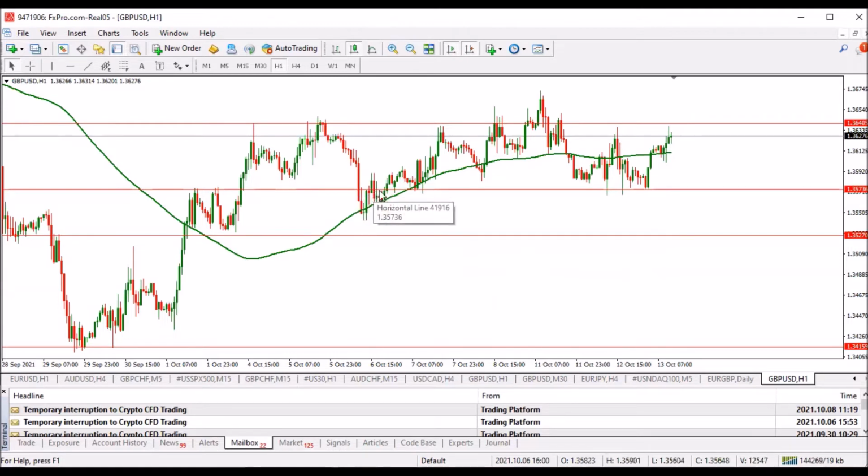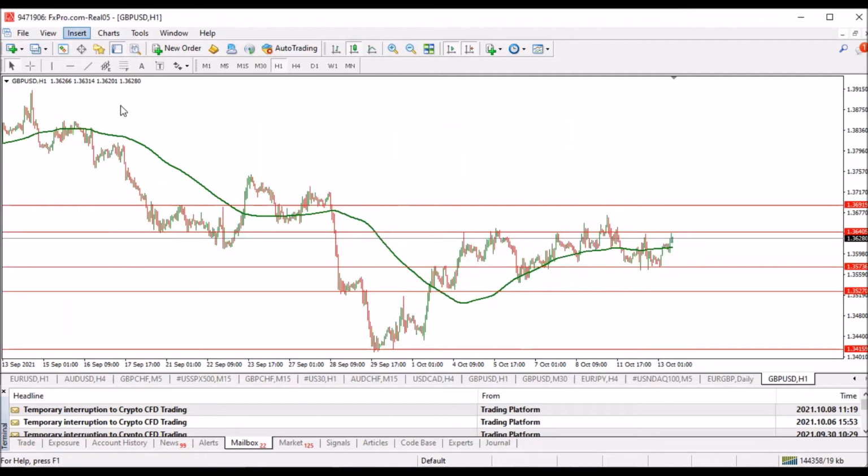Again it came and sat here. All the time it sits here, we buy. It sat here again, we buy. So obviously now I'll be taking it right to there.